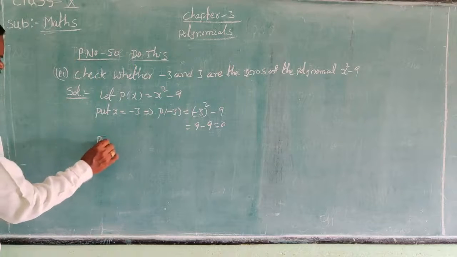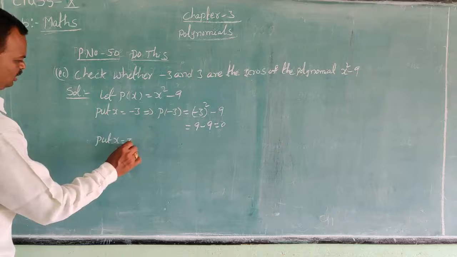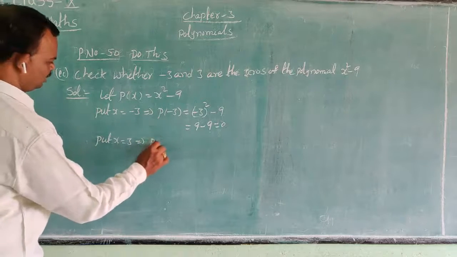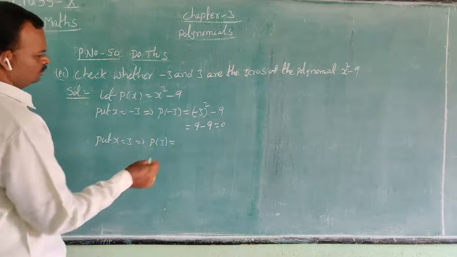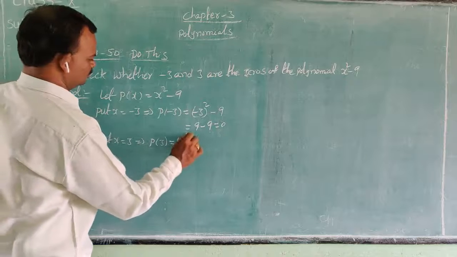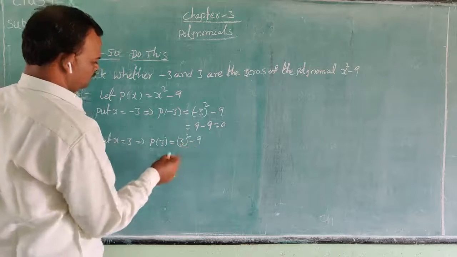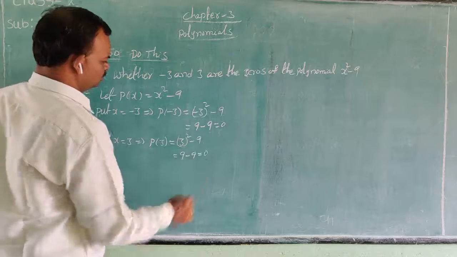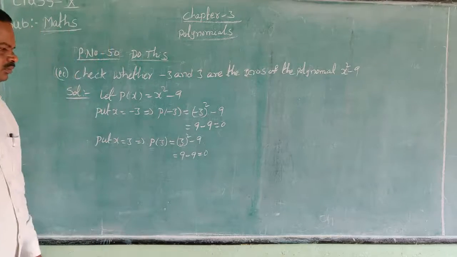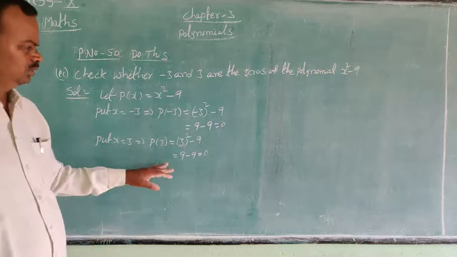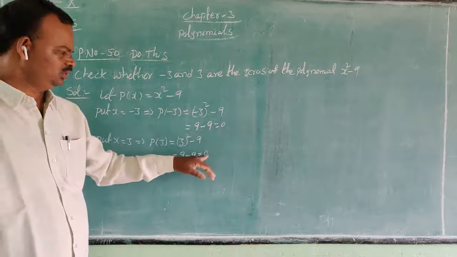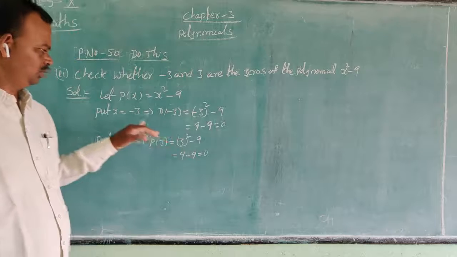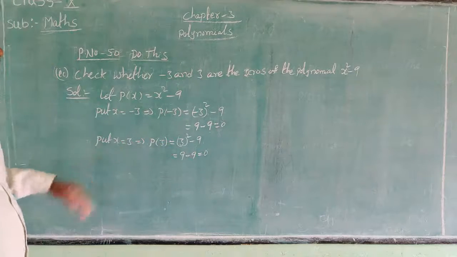And the next one is put x is equal to 3. That implies P of 3 is equal to 3 square minus 9. 3 square, 3 3s are 9. 9 minus 9 is equal to 0. Here the two values are equal to 0. So these two values are zeros of the polynomial.